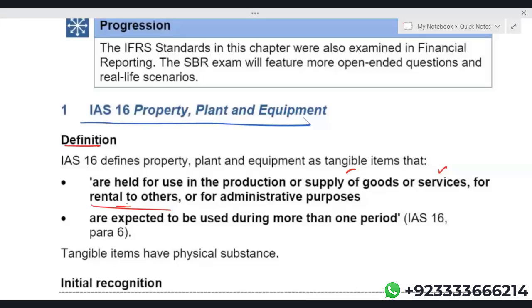One more example. Assuming there is a PLC, an organization, and assuming that organization is having a number of properties and that company also provides those properties on rent, but those properties are only given on rent to their employees only.